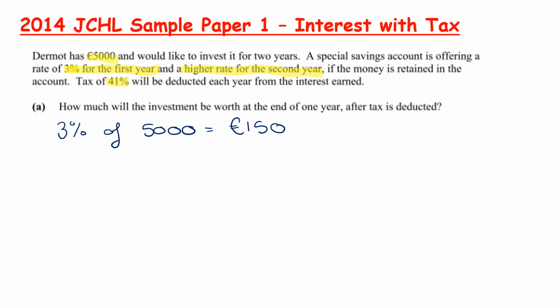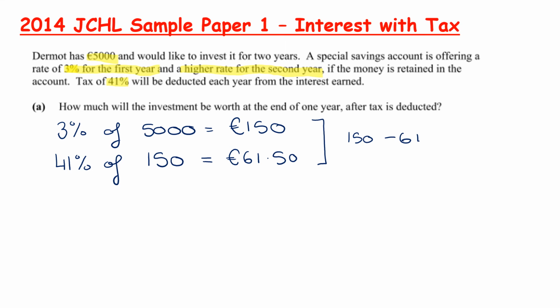But he doesn't get to keep all that because he loses 41% of that 150 to tax. So that is 61.50. So 150 take away 61.50 gives us the interest after tax has been deducted.